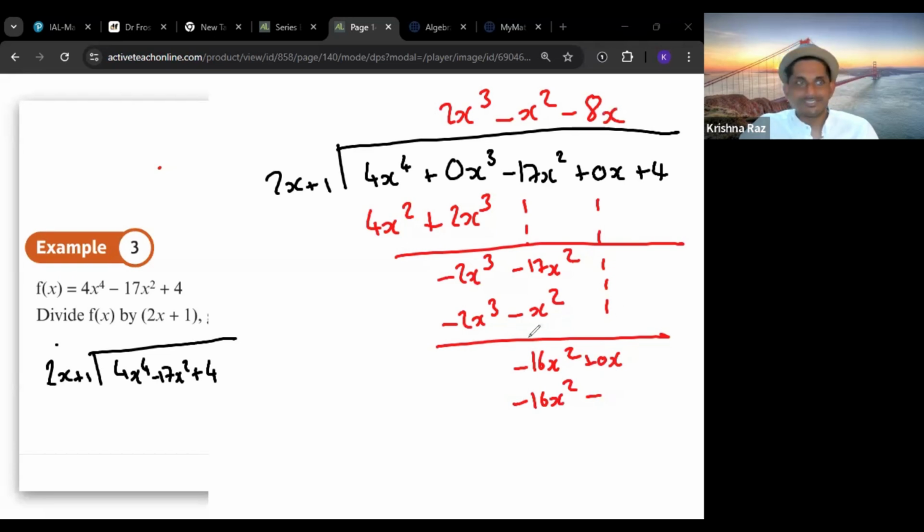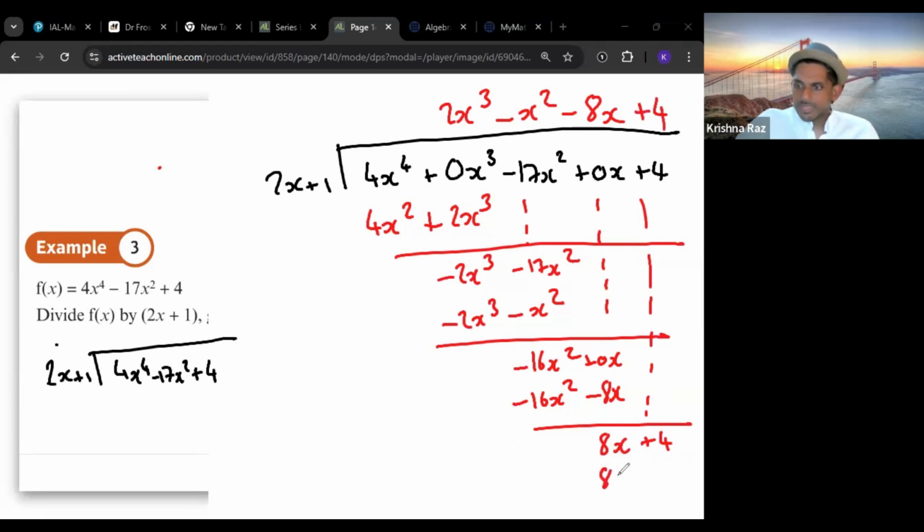That gives me negative 16x squared minus 8x. Now, 0 minus 8x is plus 8x. Drop that 4 down. What do I times 2x by to get 8x? Exactly, we get 4. And we multiply that out, we can see we've got 0 remainder.